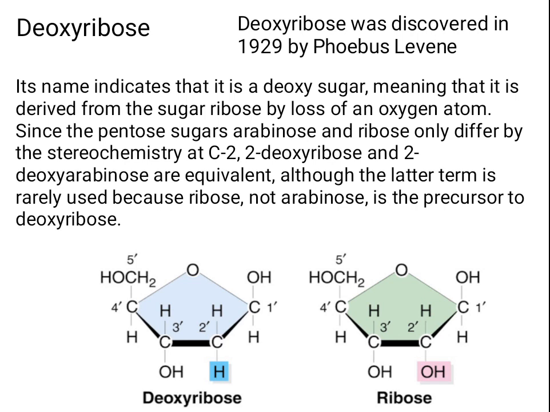Since the pentose sugars arabinose and ribose only differ by the stereochemistry at C2, 2-deoxyribose and 2-deoxyarabinose are equivalent, although the latter term is rarely used because ribose is the precursor to deoxyribose. This is the structure of ribose, and this one is deoxyribose. This OH is changed to only hydrogen.